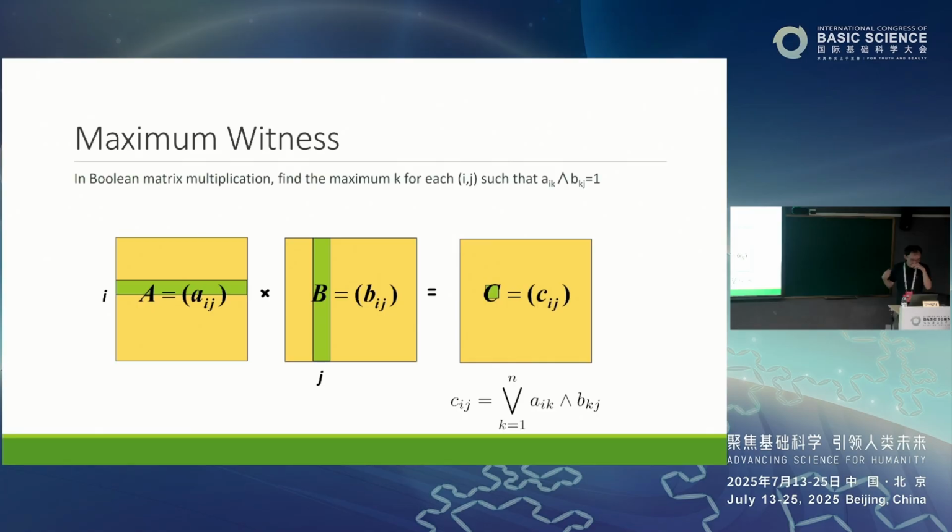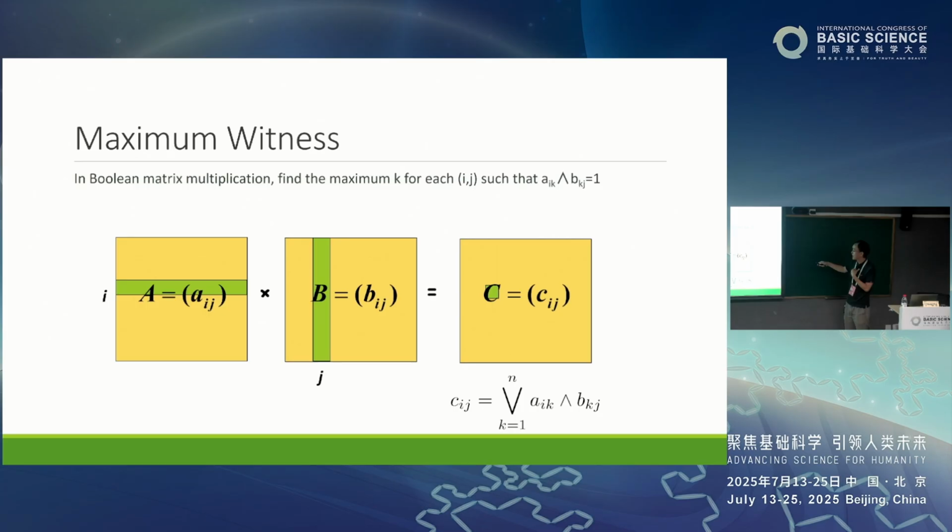For example, the maximum witness. In Boolean matrix multiplication, C_ij equals 1 if there is a k such that A_ik and B_kj are both 1.